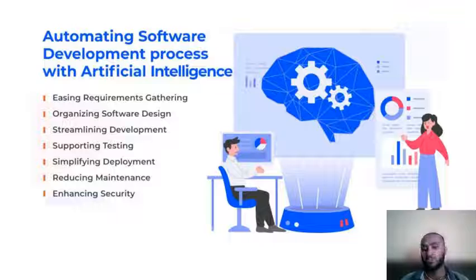Simplifying deployment. It can complete the deployment part and reduce maintenance because we follow a very accurate, precise way of development. So this can reduce the maintenance and enhance security.